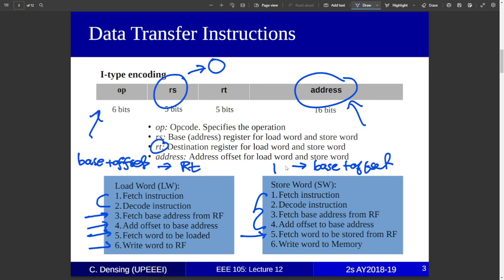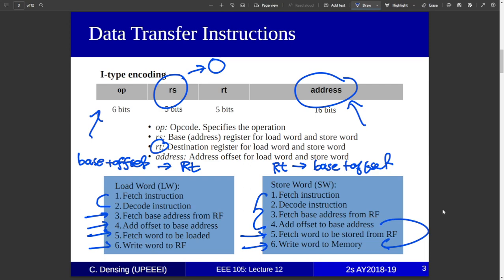In data transfer instructions, it's not RD. We don't use RD. We use RT for the destination or the data source. So we read RT from the register file, and then we write that into the memory pointed to by the address that we've calculated from RS plus offset.